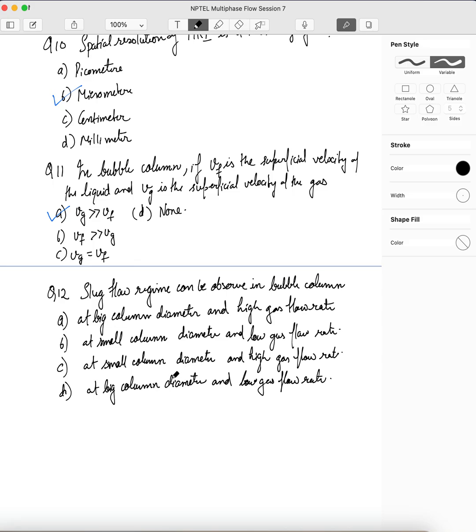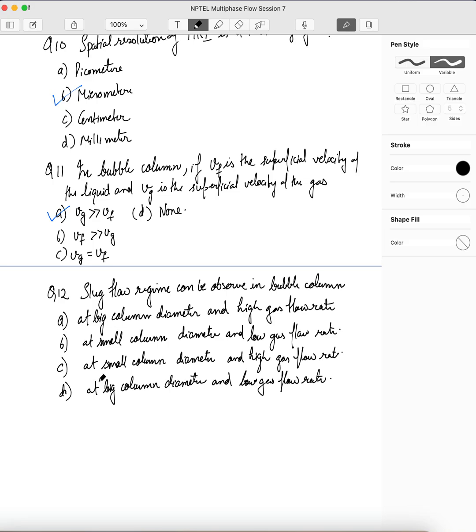So from the chart you can infer, that was already discussed, I think in the fifth discussion hour also, I have already discussed that. So slug flow can be observed at a small column diameter and high gas flow rate.